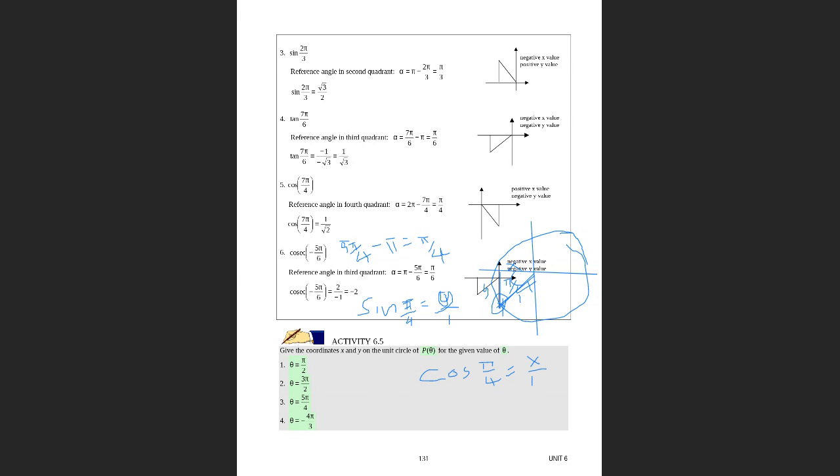So, solving for x, what would our answer be? Before I continue, do not forget that sine in the third quadrant is negative, and cos in the third quadrant is also negative. Can you tell me the coordinates of that point?